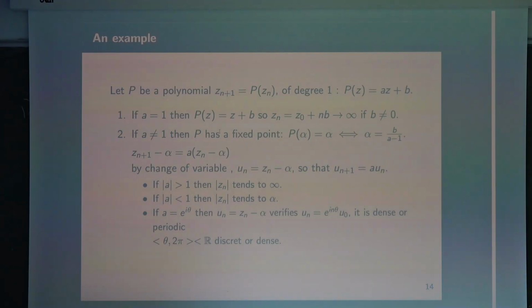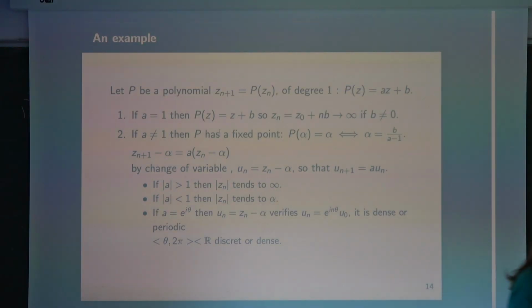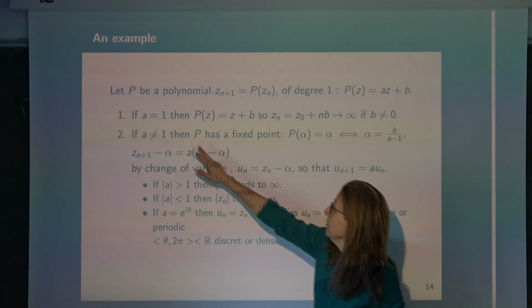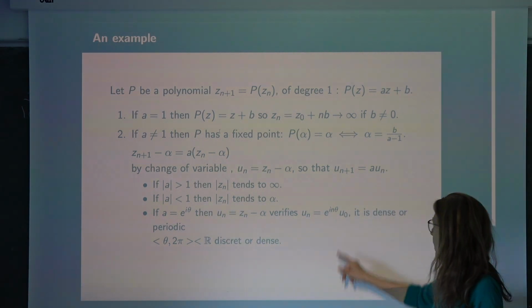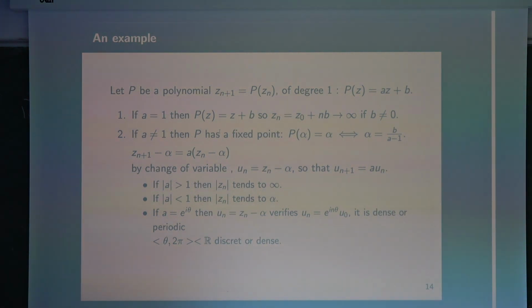And if a is of modulus 1, but not 1, then you get this sequence. So you start with a point u naught, and you have the rotation. You have 0, you have u naught, and you get a rotation on the circle.